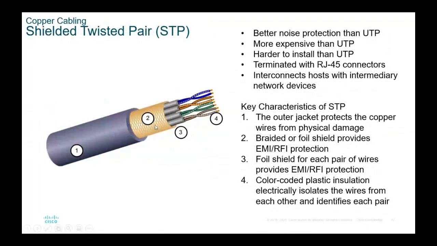Okay, so the shielded twisted pair has this foil. Have you heard of the term the Faraday's cage? If you don't remember that from your high school physics, basically if you have a cage around something, the electricity will go around that thing through the cage rather than go inside of it.